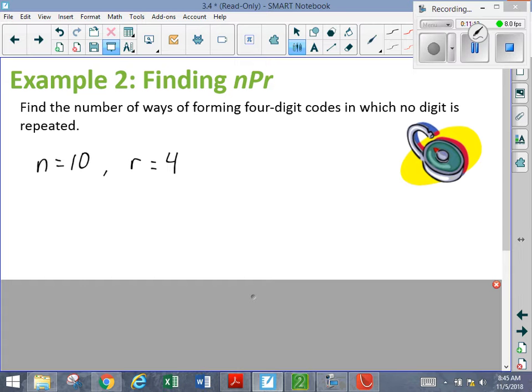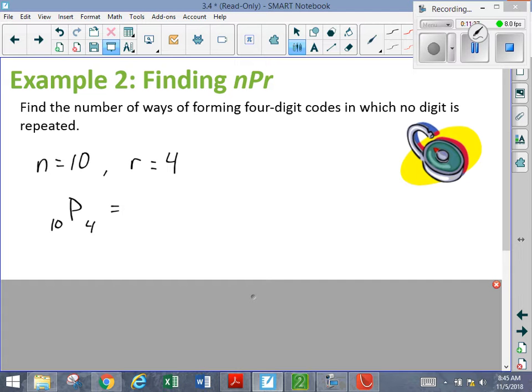So I'm going to take 10 things, and I want to know how many ways can I arrange a group of 4 of them. That's what that says. So what that's going to look like is 10, 4. So you write that.